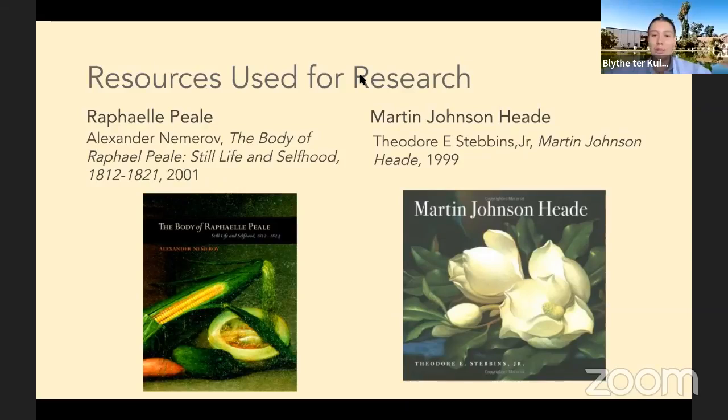I want to correct something Ava Jane said in her comment. I misspoke and read the comment wrong. She actually said that he's the man who authenticated the Heade that was found in Arlington in an attic in 2006.